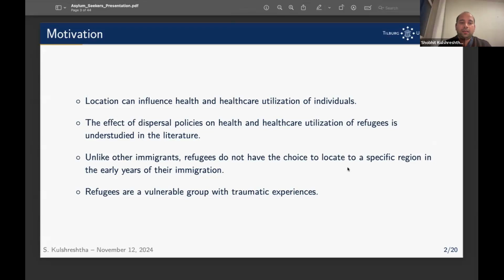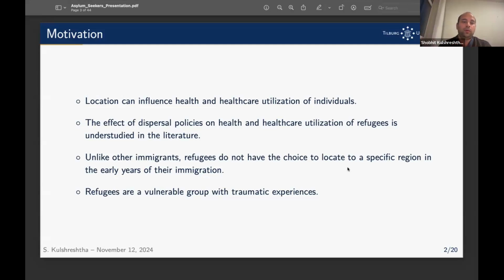Although there are papers that study the effect of location on the labor market outcomes of refugees, there are not that many papers that have looked at the health and healthcare utilization of refugees in this context, as to how the initial location to which these people are assigned affects their health.